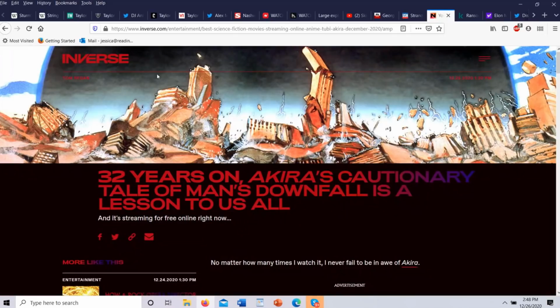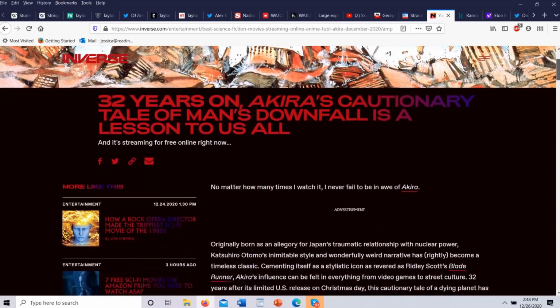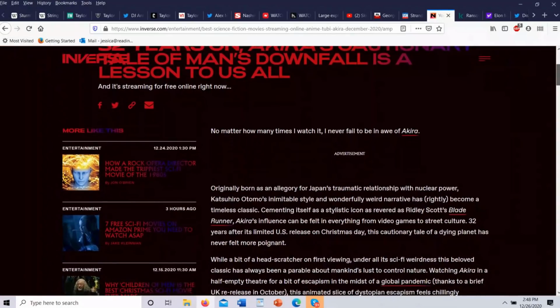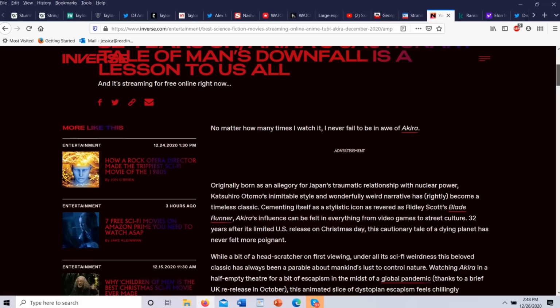This is from Inverse. 32 years on, Akira's cautionary tale of a man's downfall is a lesson to us all. Originally born as an allegory of Japan's traumatic relationship with nuclear power, Katsuhiro Otomo's inimitable style and wonderfully weird narrative has rightly become a timeless classic.